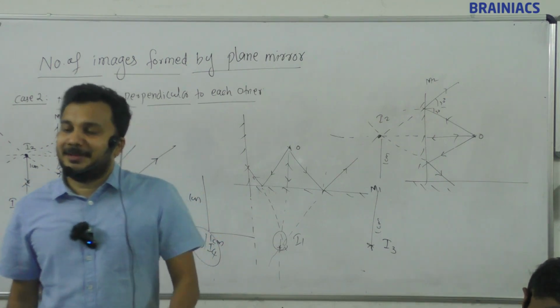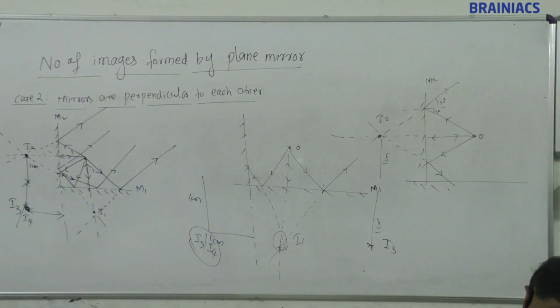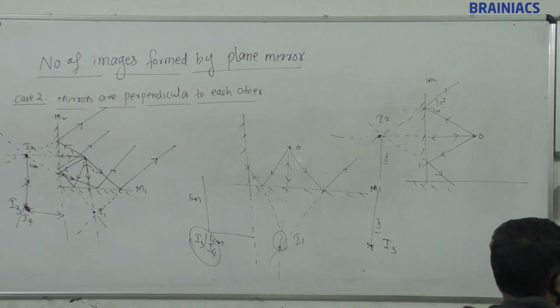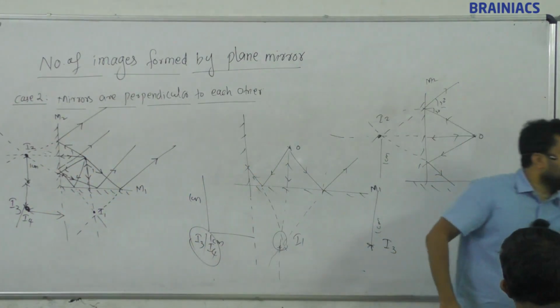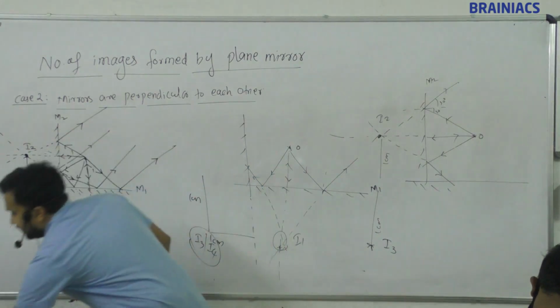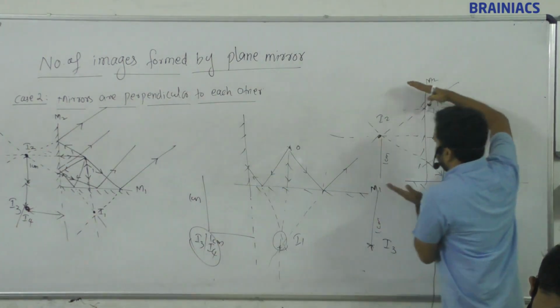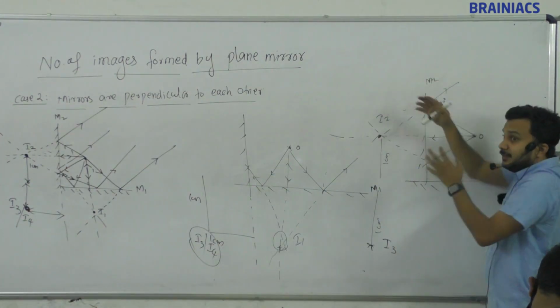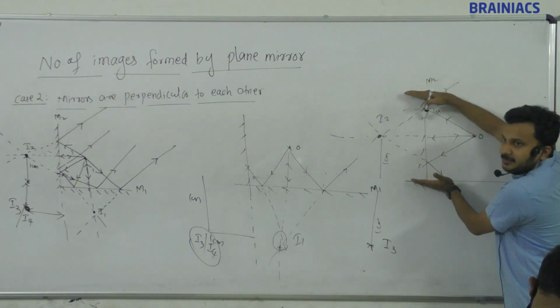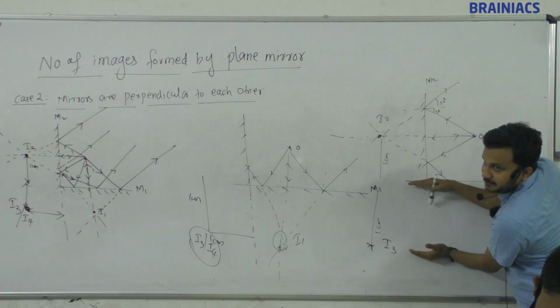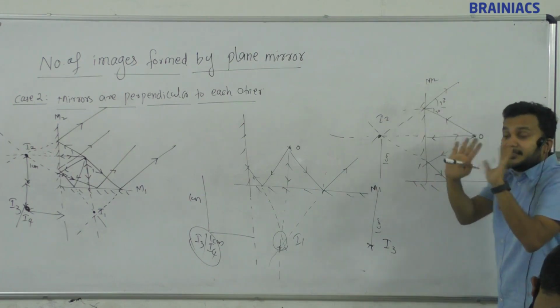Doubt, I'll come there. In reality the mirror size is only this much. To imagine it, we are just saying okay, even the height, I'm just placing it here. This is not the reality.